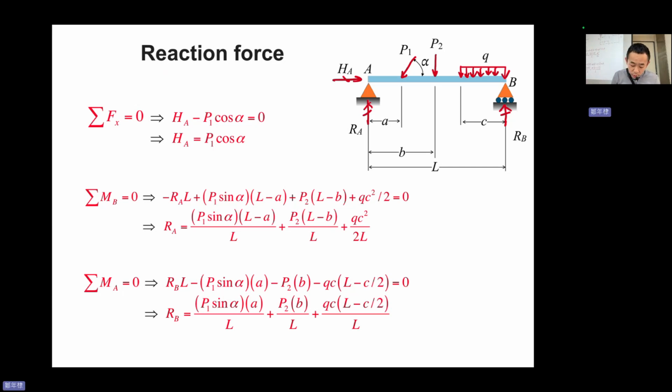Okay, so 3 of them are our unknown: HA, RA, RB, unknown is our reaction force, okay?